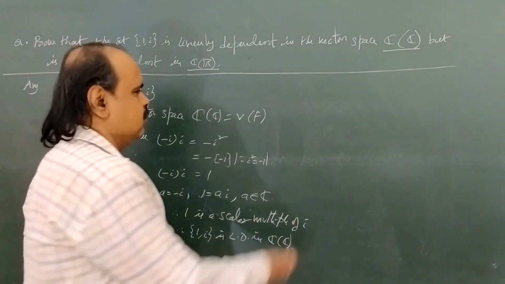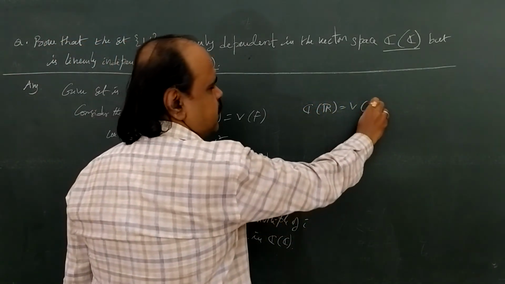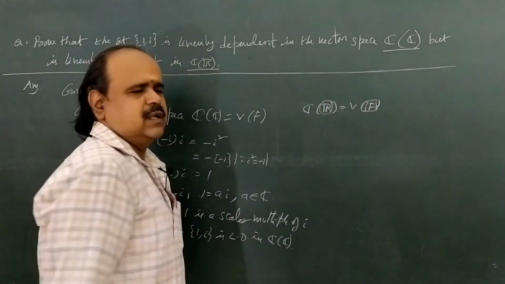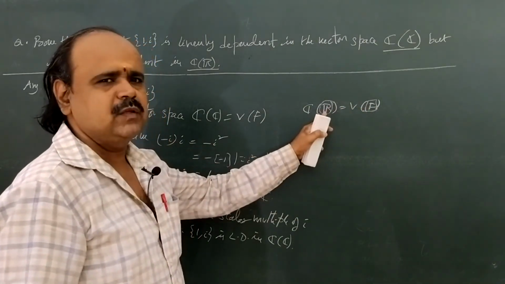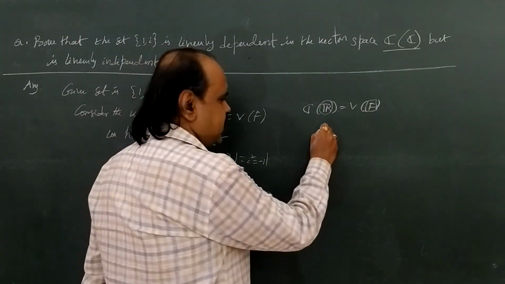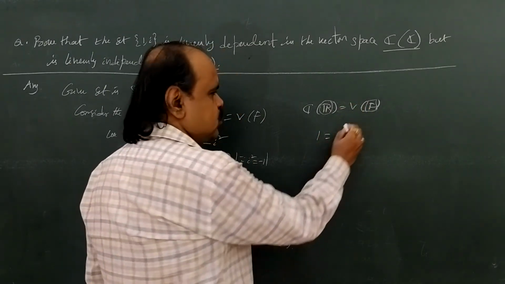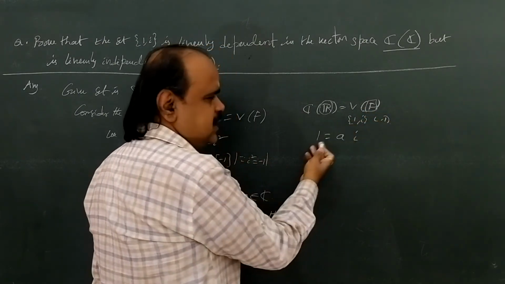If we have V of R, that is V of capital F, here F is the field of scalars, the real number system. If we choose the field of scalars as the real number system, and we want to write 1 equal to some a into i, to show the set {1, i} is LD, 1 must be a scalar multiple of i.